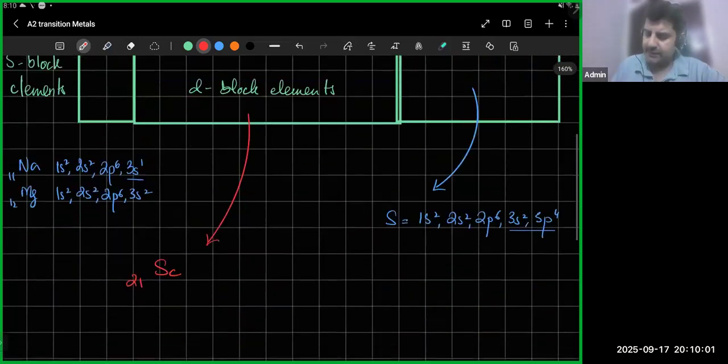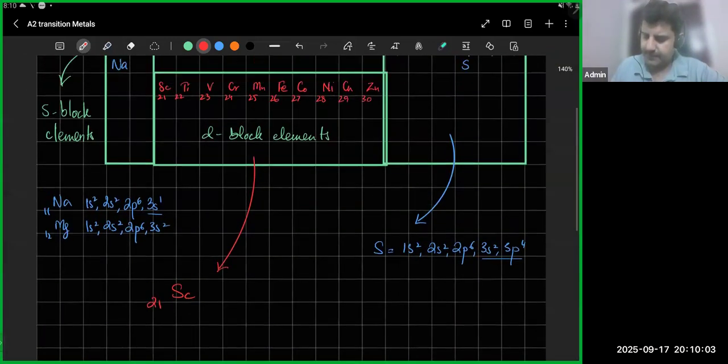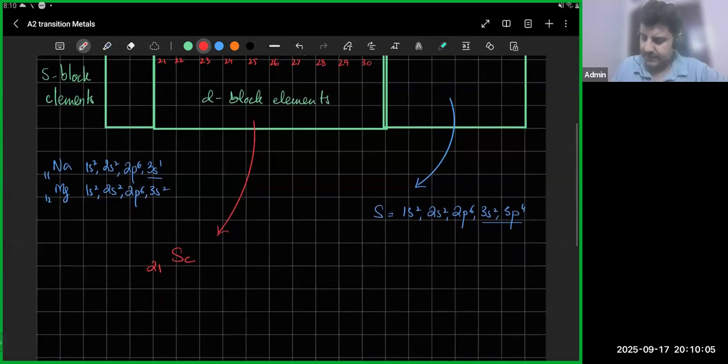I'm going to write down the electronic configuration of most of these. Scandium is 1s2, 2s2, 2p6, 3s2, 3p6. Then it's 4s2, and then there is one electron going into a d subshell.